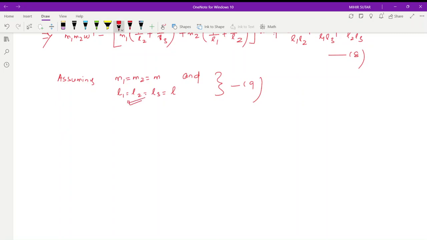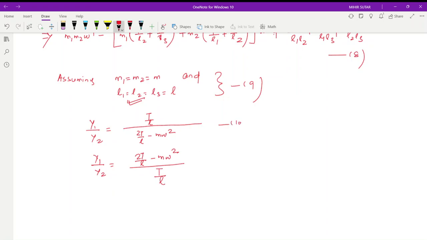If you assume this, let's say our ratio y1 by y2 will be T by L divided by 2T by L minus m omega square, and also y1 by y2 will give you 2T by L minus m omega square divided by T by L. Okay, let's say this is 10, this is 11.